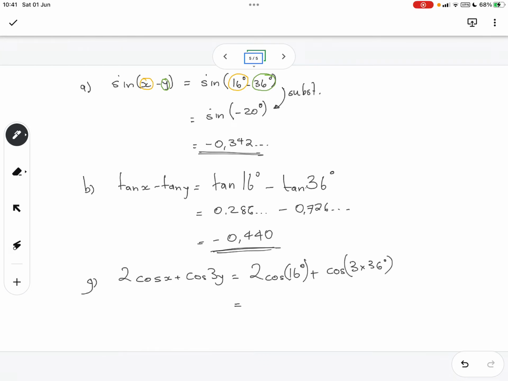For the 3 times 36, you have to multiply the 36 by 3 and then take the cos of that. It should give you 0.99 something. And for the other one, you just take the cos of 16 and multiply it by 2. So this one becomes 1.922 plus, I think this was 0.99 something.